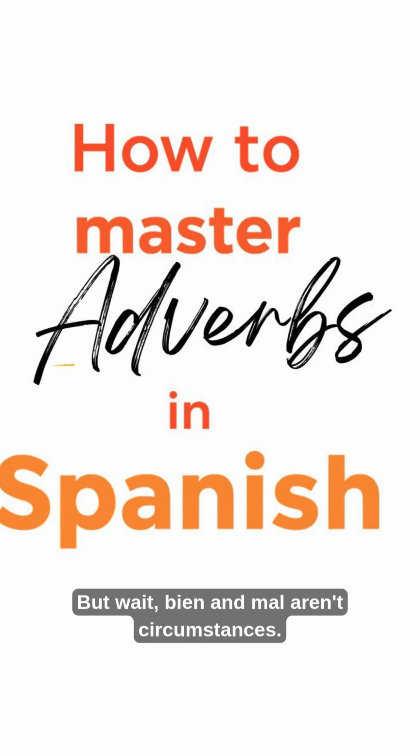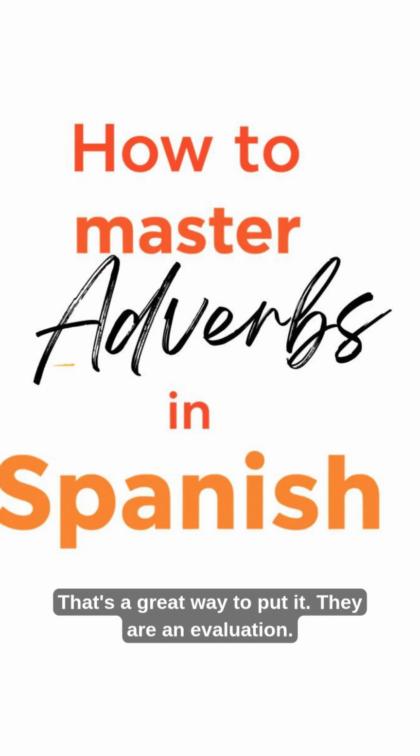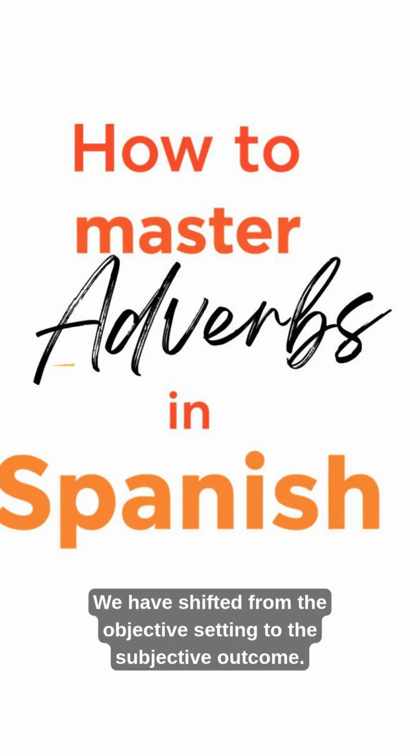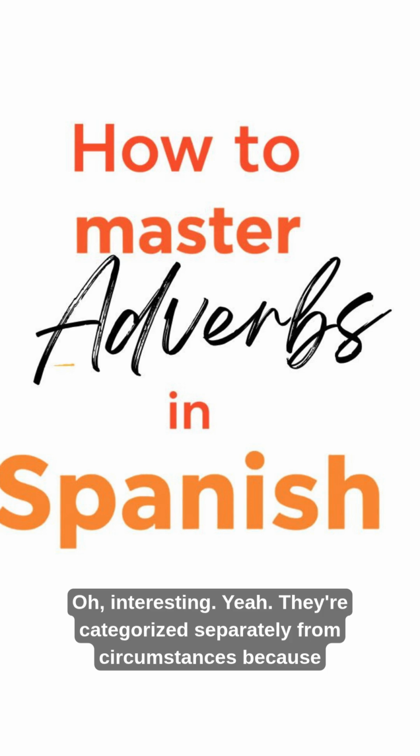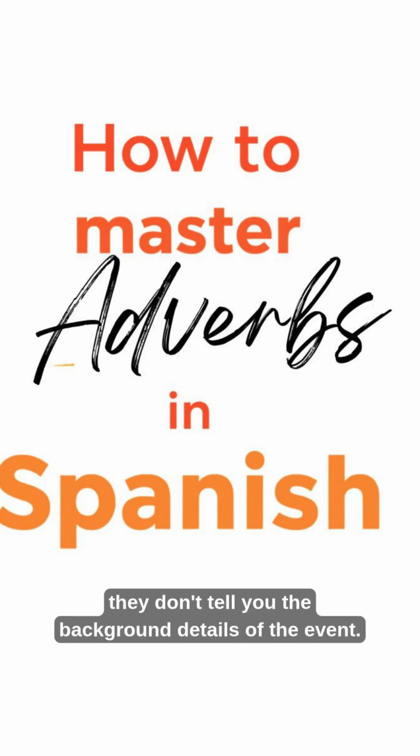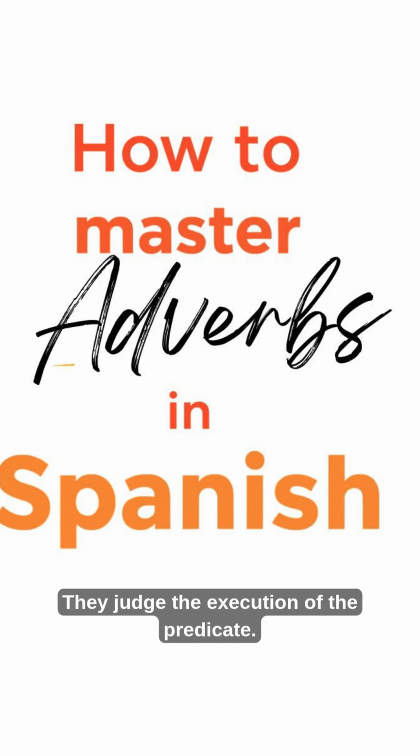But wait, bien and mal aren't circumstances. They feel like a review of a restaurant. That's a great way to put it. They are an evaluation. We have shifted from the objective setting to the subjective outcome. Oh, interesting. Yeah, they're categorized separately from circumstances because they don't tell you the background details of the event. They judge the execution of the predicate.